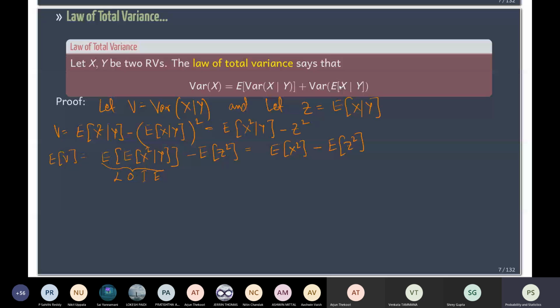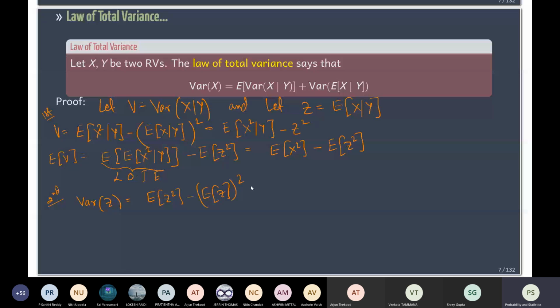The second term is the variance of z, with the usual formula: the expectation of z square minus the expectation of z, whole squared.